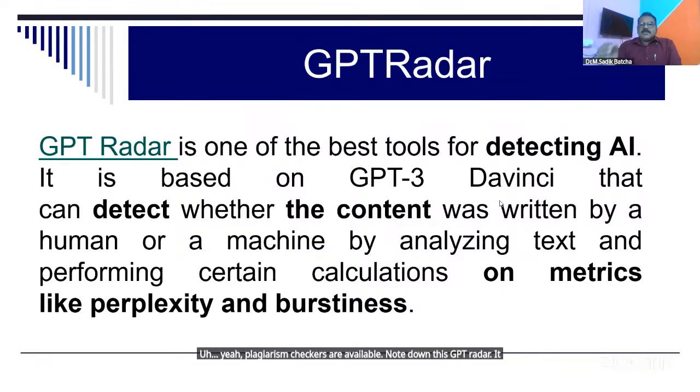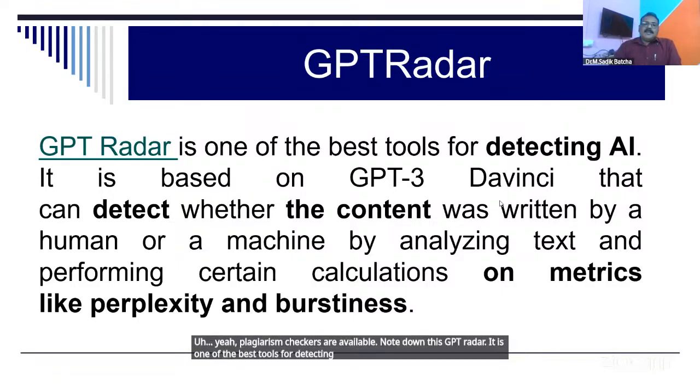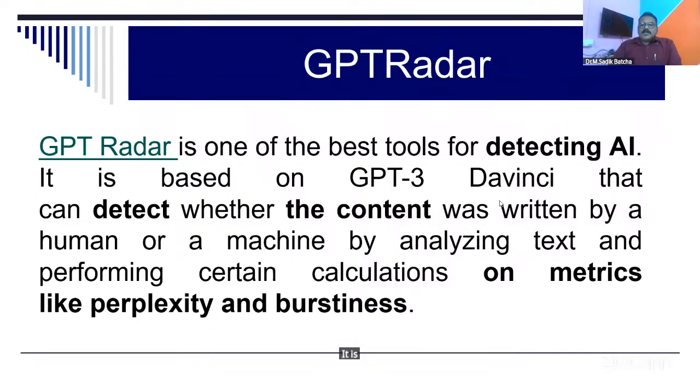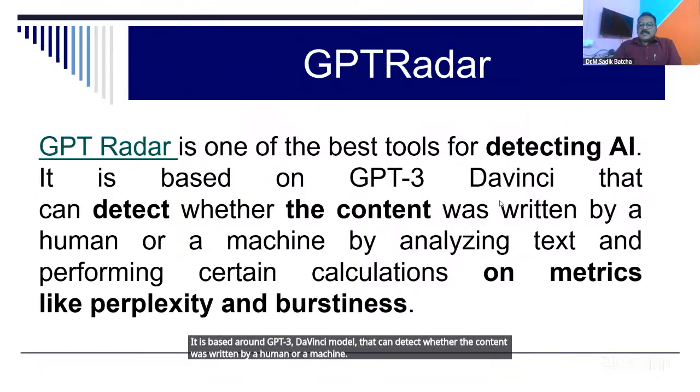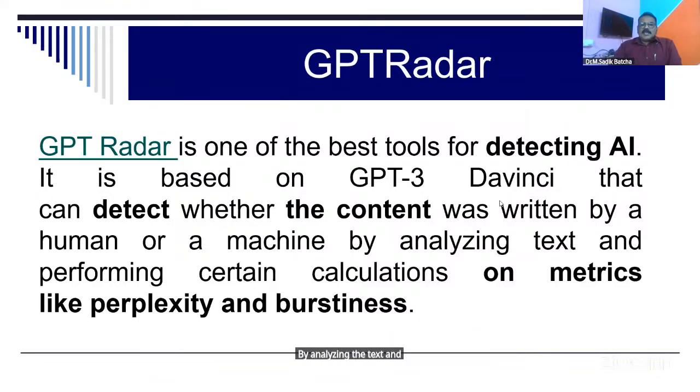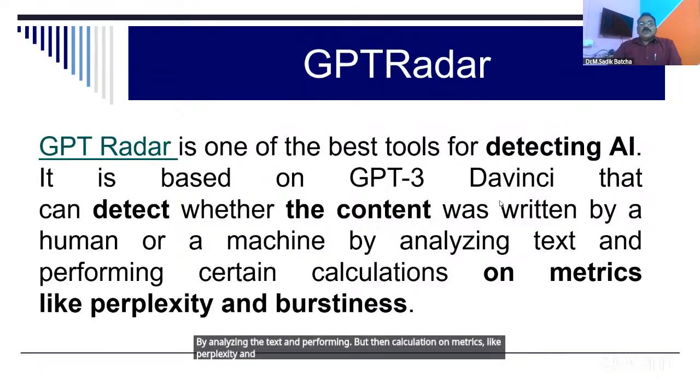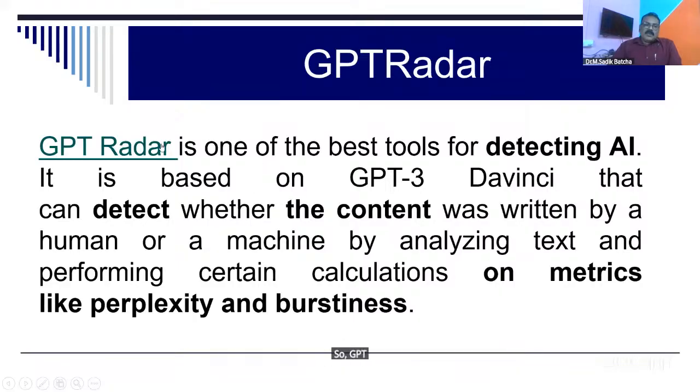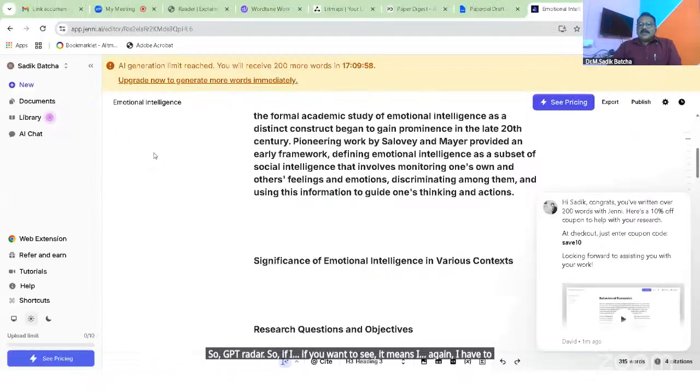It is one of the best tools for detecting AI content. It is based on the GPT-3 Da Vinci model and can detect whether the content was written by a human or a machine, by analyzing the text and performing certain calculations on metrics like perplexity and burstiness. If you want to see it, I have to go online.